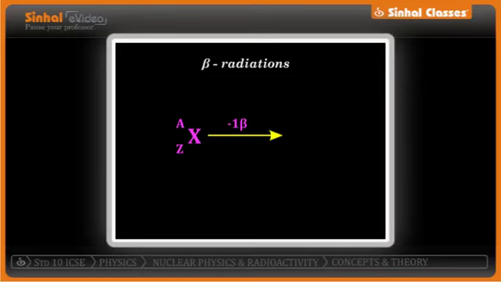So if I have a radioactive element X with atomic number Z and atomic mass number A, and a beta particle is liberated, then X turns into Y, a new element, with atomic number Z plus 1, and atomic mass number A remaining constant. So one electronic charge is being removed from that particular substance to give out the beta radiations.